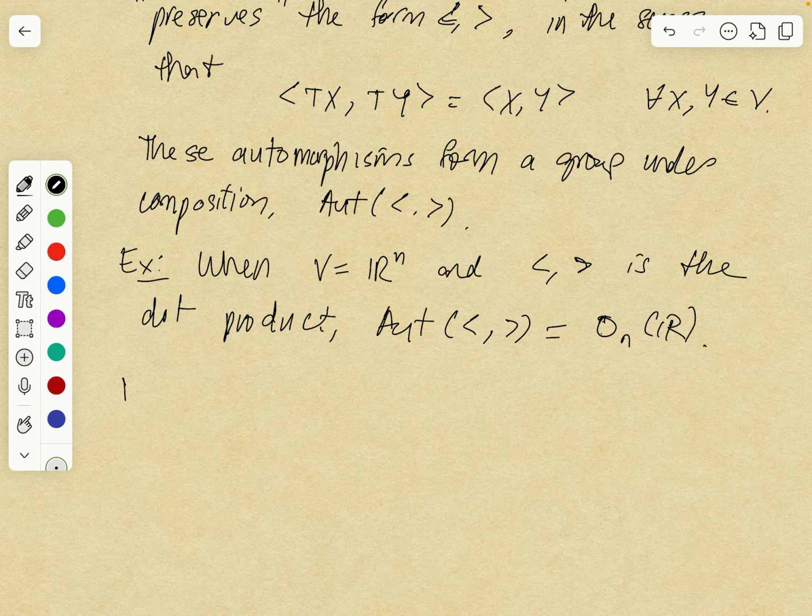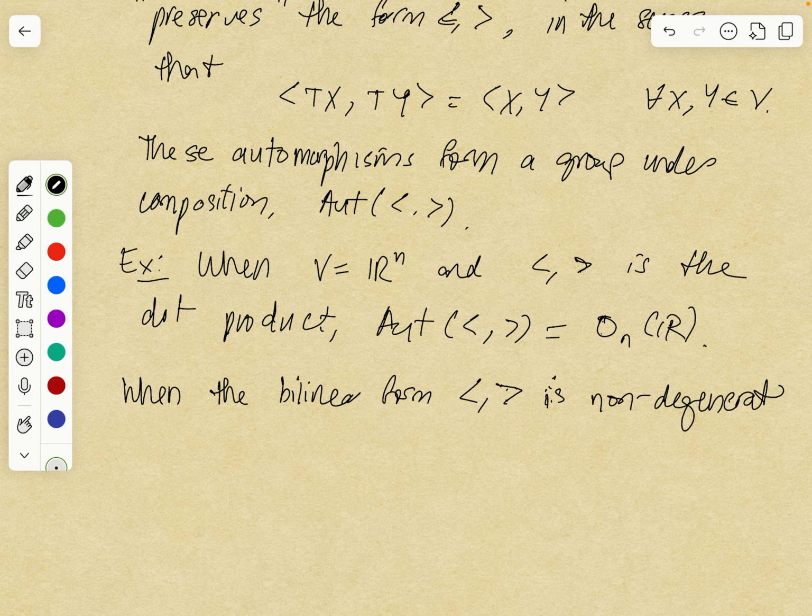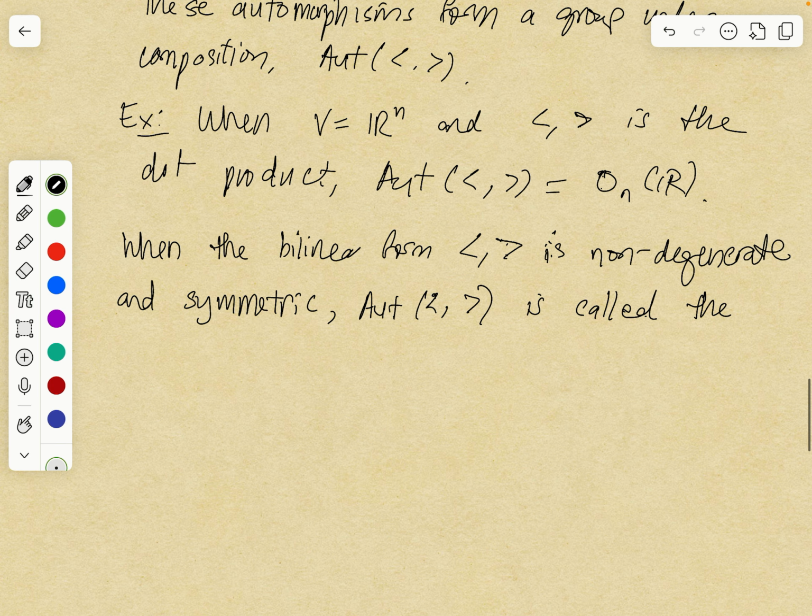And in general, when the form is non-degenerate and symmetric, the automorphism group of the form is called the orthogonal group of the form.